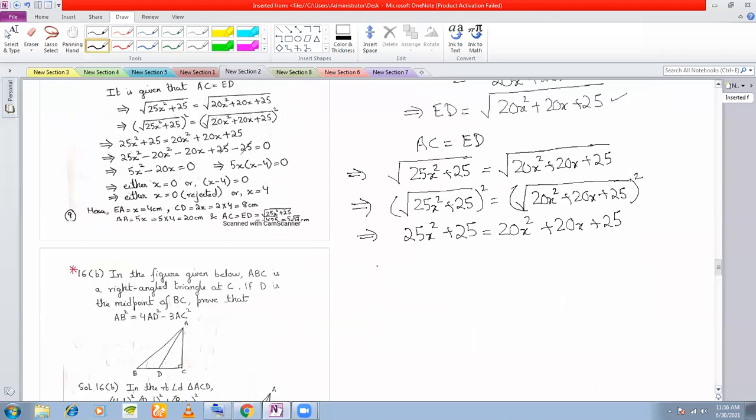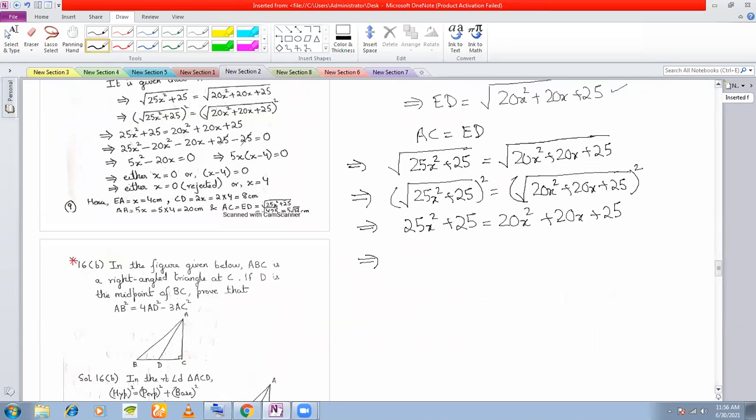Now we take 20x square on this side. So we get 25x square minus 20x square, and 20x we take on this side. So plus 20x becomes minus 20x, and plus 25 we take on the other side to get plus 25 minus 25 equal to 0.